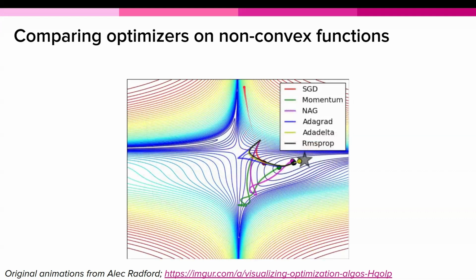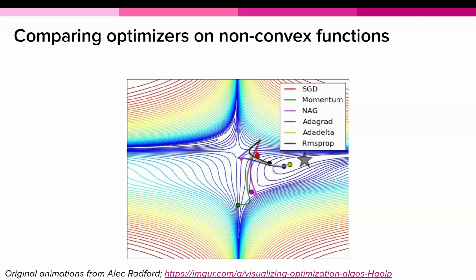In another example, this time this is the Beale function. The same colors: stochastic gradient descent is in red, momentum is in green, AdaGrad in blue, and RMSProp in black. Due to the initial large gradient, momentum shoots off and bounces around.